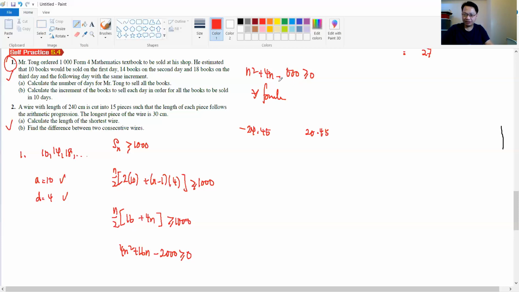So this is a curve because a is more than 0. So we need to put the answer in the middle. So the lesser root will be lesser than, the bigger root will be bigger than. Don't forget the equal also.